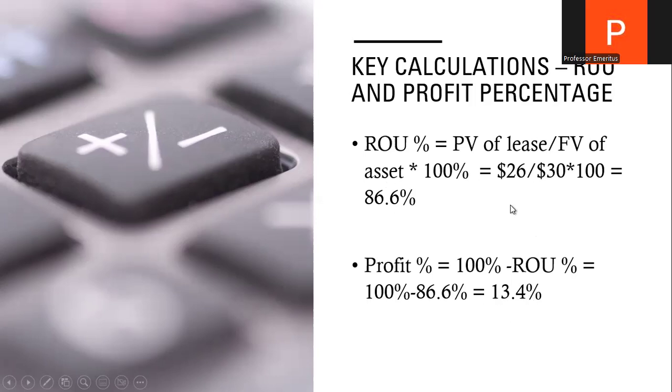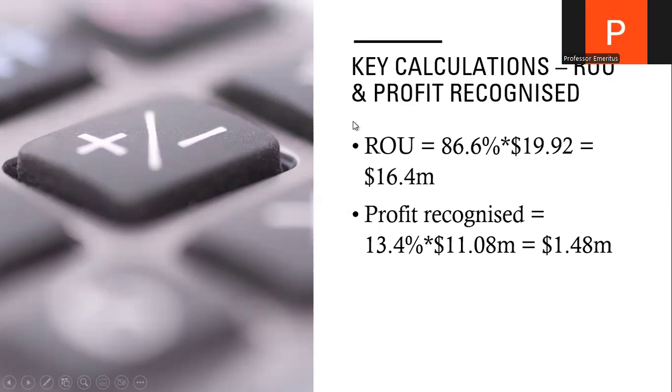The moment you take the present value of the lease, divide it by fair value and take a percentage, that becomes the right of use percentage. And any balancing figure is the percentage you apply on the total profit to arrive at the profit to be recognized.